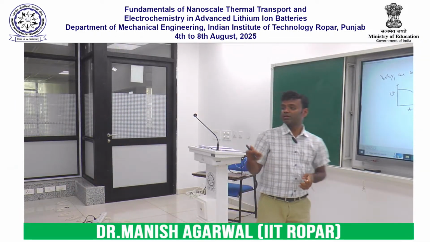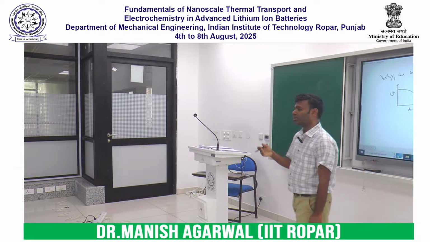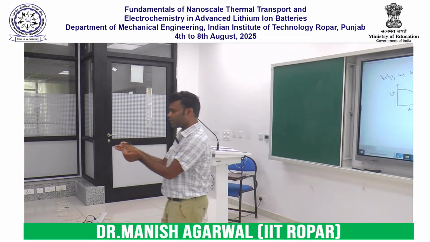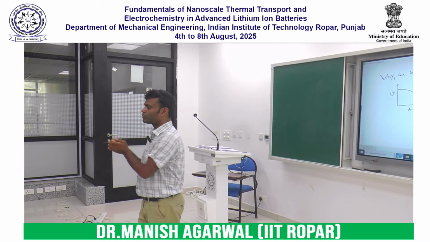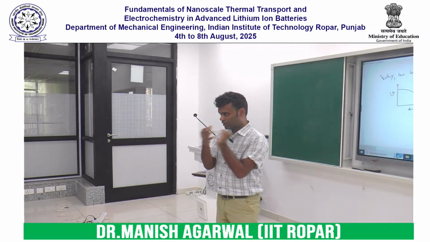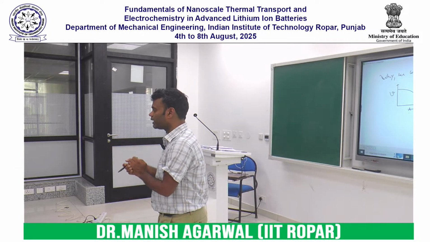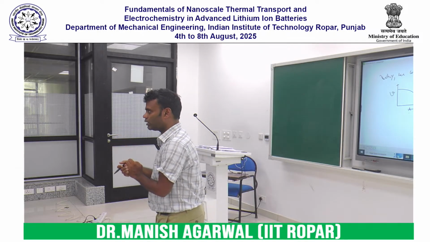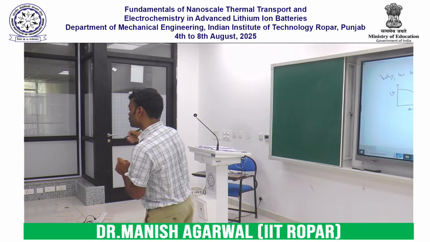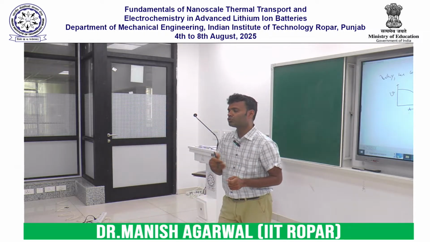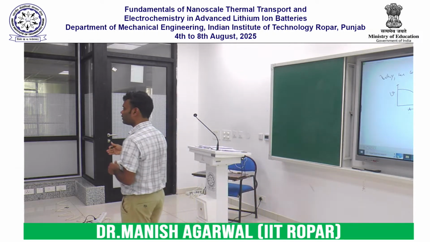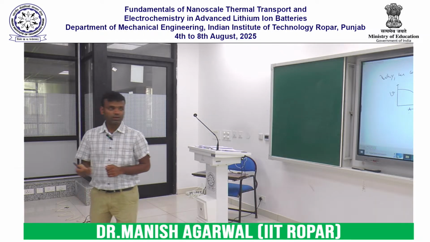Another aspect, somebody said optimization, right? Ultimately I want to design the separator length, the porosity of the separator, and the cathode particle radius or positive electrode radius. I want to determine all these parameters and see how they affect my overall battery performance.